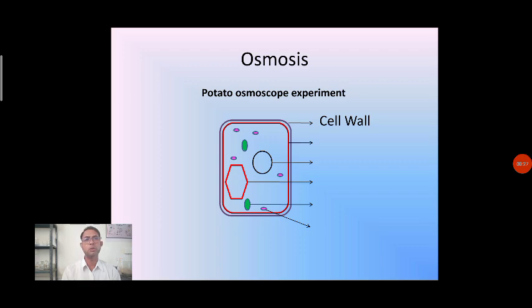Now, the process of osmosis was studied by an experiment that we call the potato osmoscope experiment. In this experiment, we need to use a potato, and that's why it is named potato osmoscope. We can use the potato to see the transportation of molecules in the process known as osmosis.